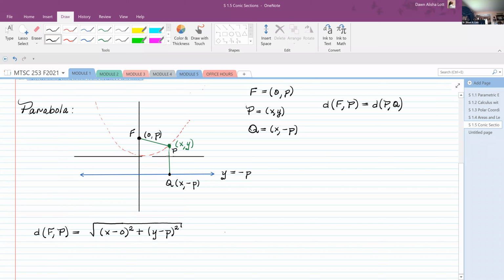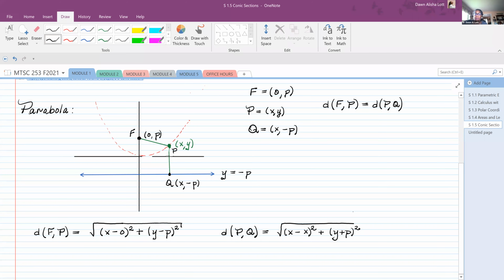And then the distance from P to Q is equal to the square root of X minus X squared plus Y minus negative P squared, which gives me Y plus P squared.